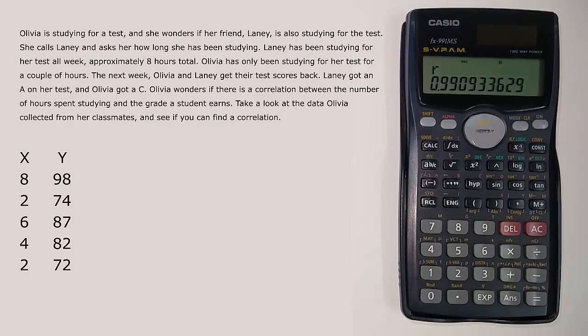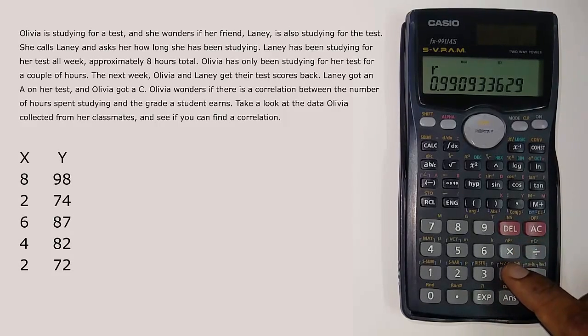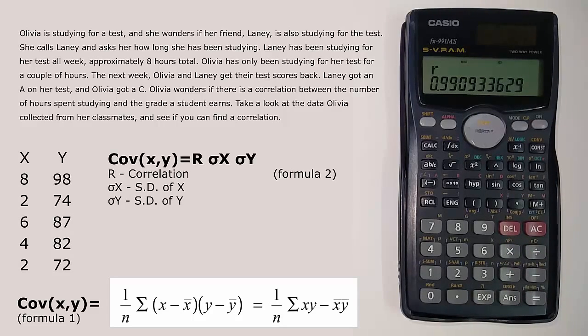Now to calculate covariance, we have to multiply 3 values, that is the correlation value which we just found out, the standard deviation of x value and the standard deviation of y value. Now the formula given to calculate the covariance is as shown on the screen.